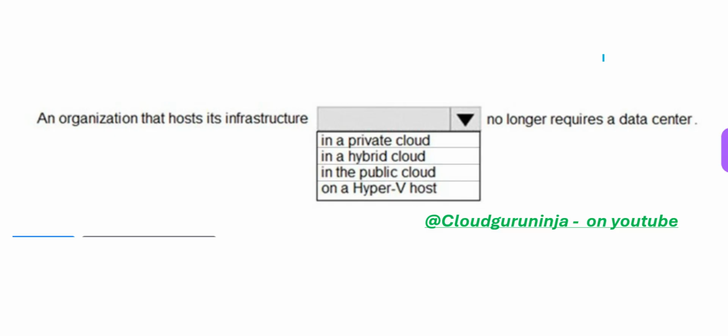See, with private cloud, you will have to use a data center, because private cloud means within the client's data center, we are installing certain components. What are those components? For example, Watson X.ai from IBM that you can install.